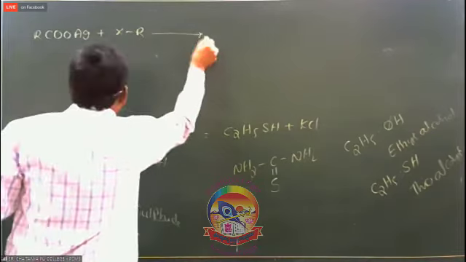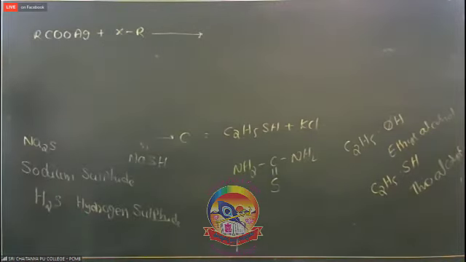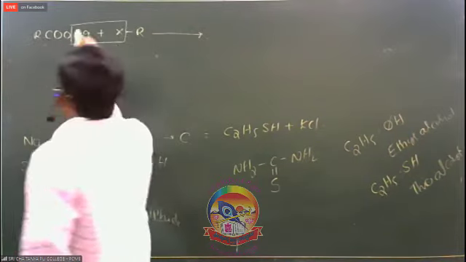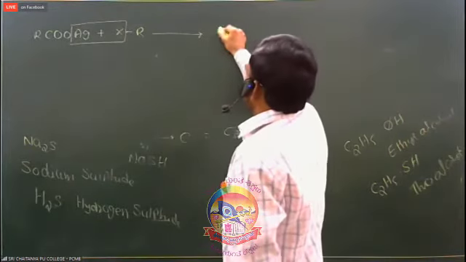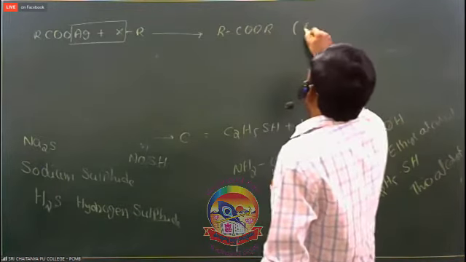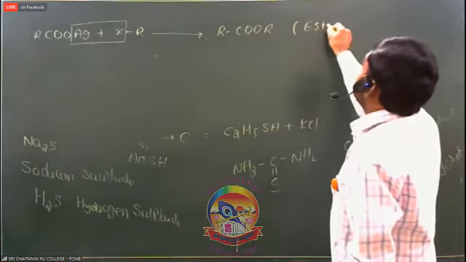Here AgX is eliminated. What is the IUPAC name of the product? The product formed is RCOOR, whose common name is ester.